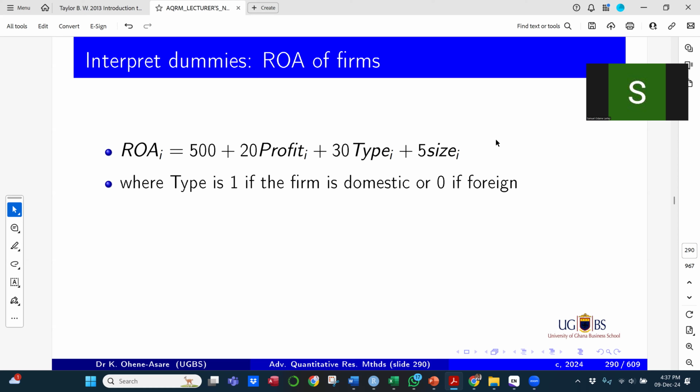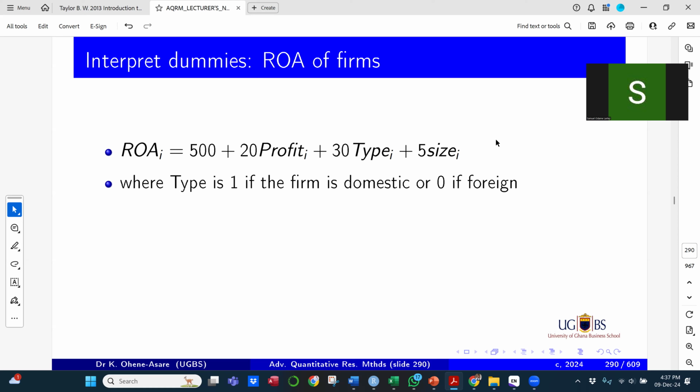So guys, the reason why I was saying that most of you were wrong is because you were increasing things. ROA will increase, ROA will increase, ROA will increase. No. Because type doesn't increase for ROA to increase.